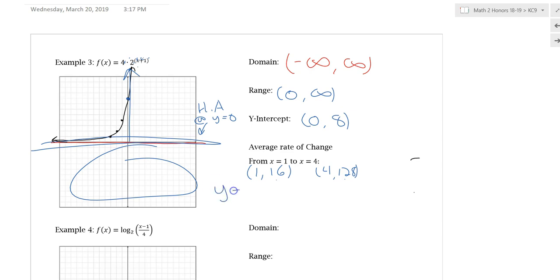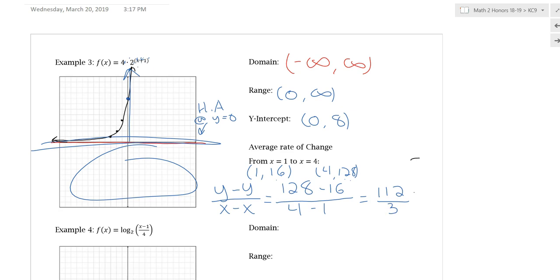Then we are still doing y minus y over x minus x. So we have 128 minus 16, and we get 112 over 3.